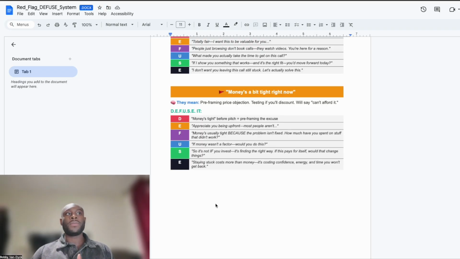So what I mean by if this pays for itself is if you're able to actually achieve the goals you want and not waste the money like in the past, and you get to lose the weight, feel stronger, feel healthier, tick all the boxes of everything you want to succeed in your life, would that change things for you? They have to say yes.